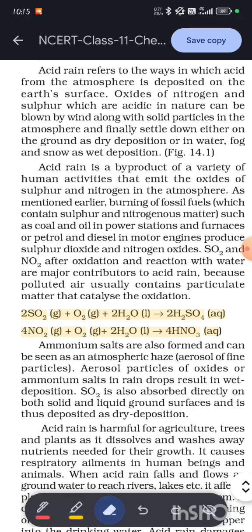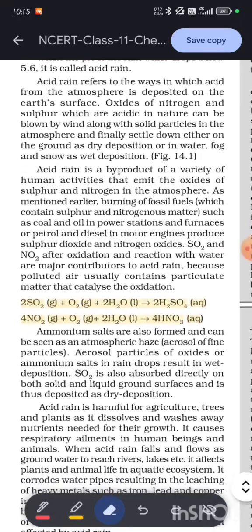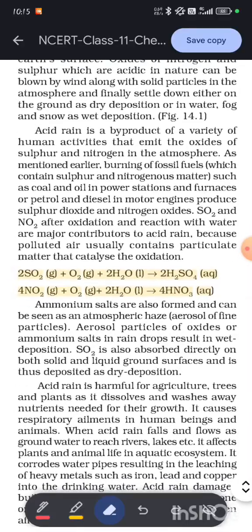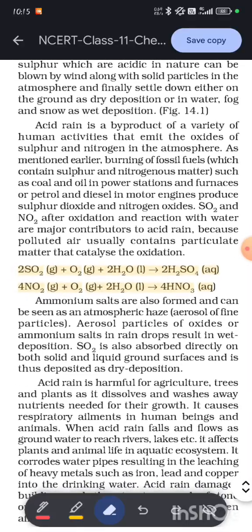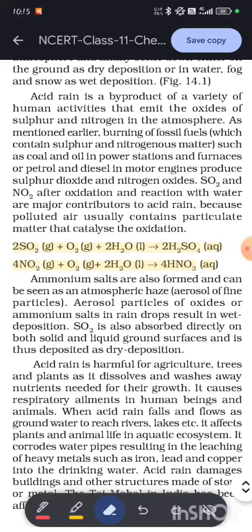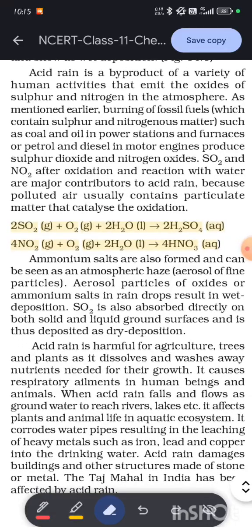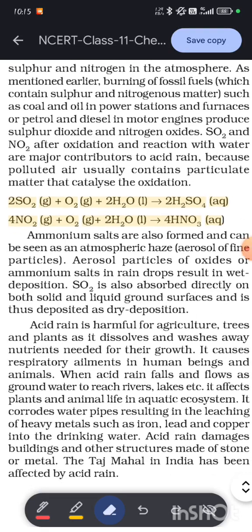Then second reaction is 4NO2 plus O2 plus 2H2O is equal to 4HNO3. Ammonium salts are also formed and can be seen as an atmospheric haze. Aerosol particles of oxides or ammonia salts in raindrops result in wet deposition.